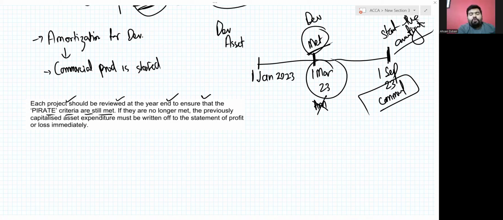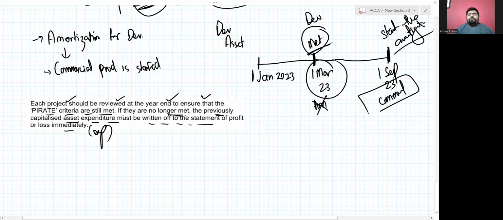Sometimes it happens that the criteria is met, but after 2 years the development criteria is no longer met. After 2 years, you come to know that development is not meeting the criteria. Now, what will you do? If they are no longer met, the previously capitalized expenditure must be written off in the SPL immediately as an expense.